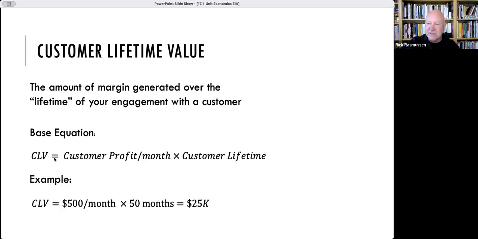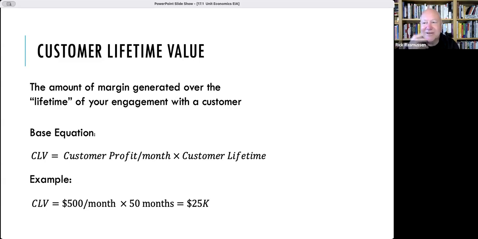And then the other side, customer lifetime value, is their profit per month or per period times the number of periods you're going to have customer lifetime. I'll show you some averages. Some of your businesses, if they're consumer facing, may have very short lifetimes. Think about a mobile game.